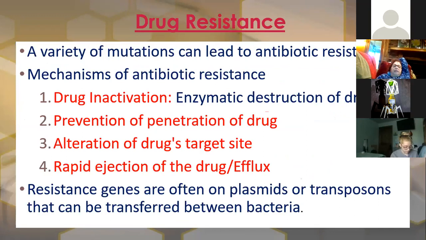A variety of mutations can lead to antibiotic resistance, and now bacteria know all the different types of tricks. They know how to inactivate the drug. They know how to prevent the penetration of the drug. Alteration of the drug's target site.